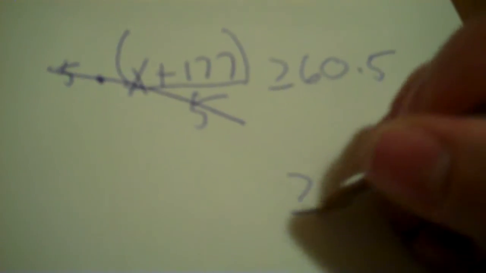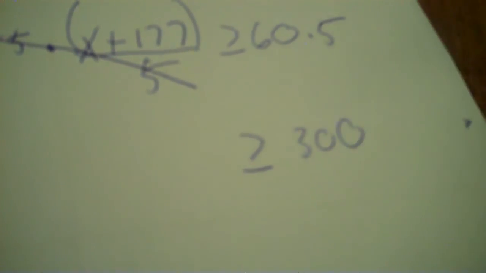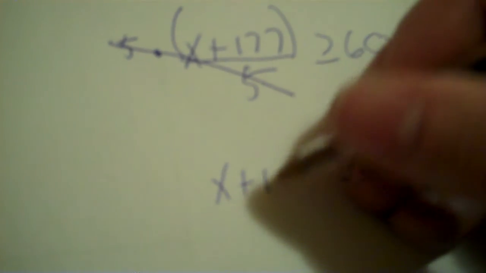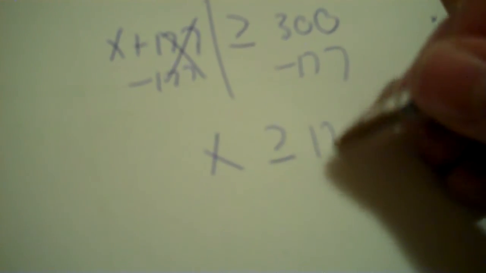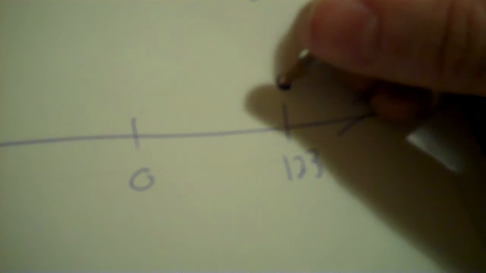Okay, get rid of your divide by 5 first. When the whole side's divided by a number, you need to multiply by that number first. So 60 times 5 is 300, and over here you got X plus 177 now. Then you just minus the 177. So X is at least 123. This guy's going to flunk the class because he has to get 123% or higher.